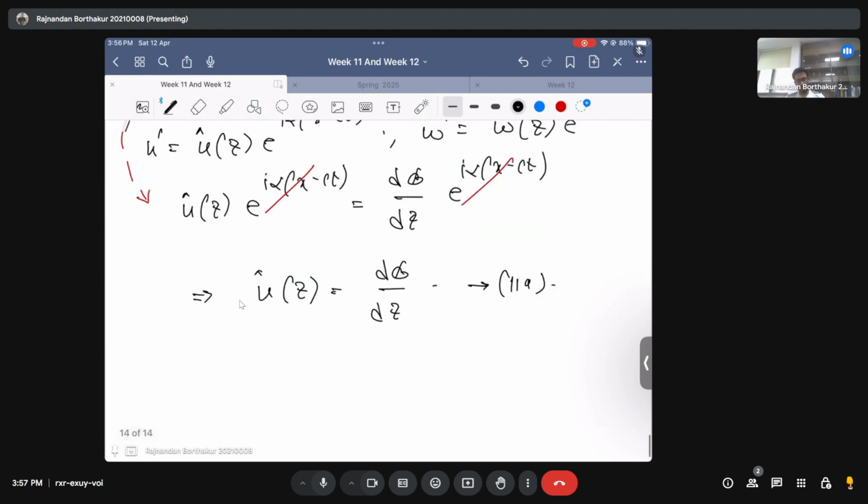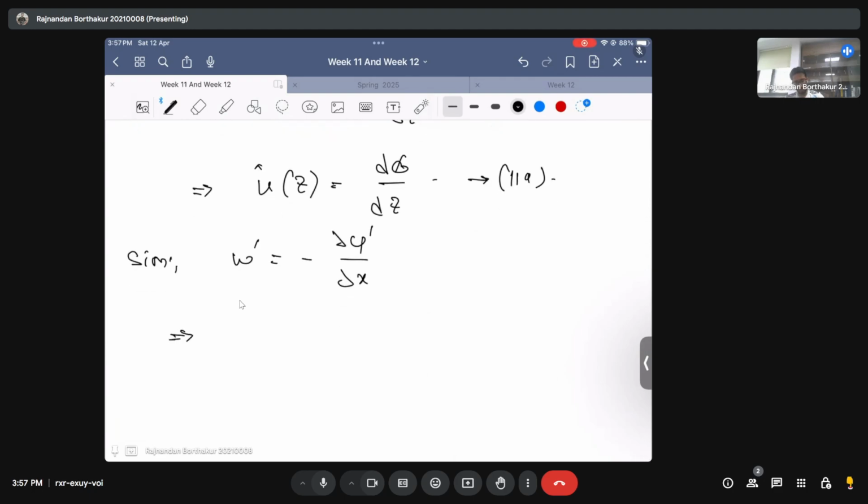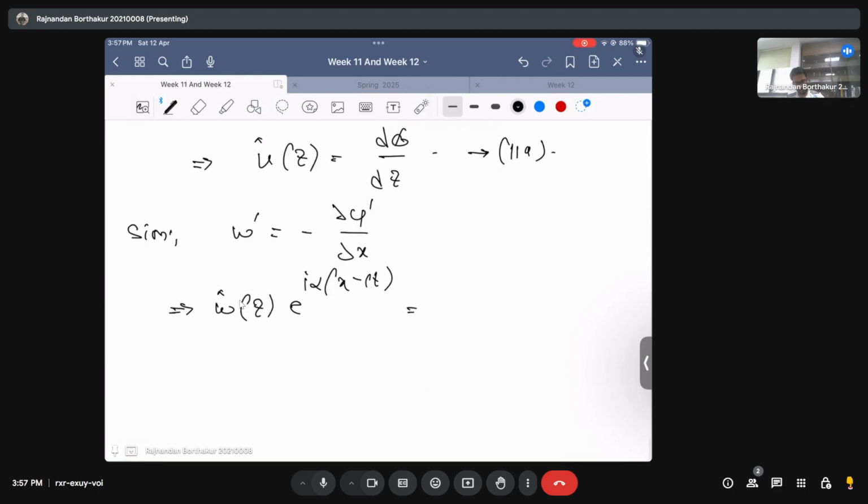Similarly, if you do this for the w component of velocity, that w prime is equal to minus del psi prime by del x, what you will get is your w prime in terms of normal mode is w hat of z e power I alpha x minus ct, and then this becomes del x of phi of z e power I alpha x minus ct.